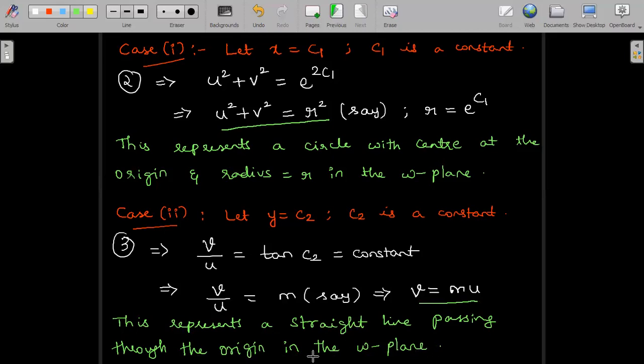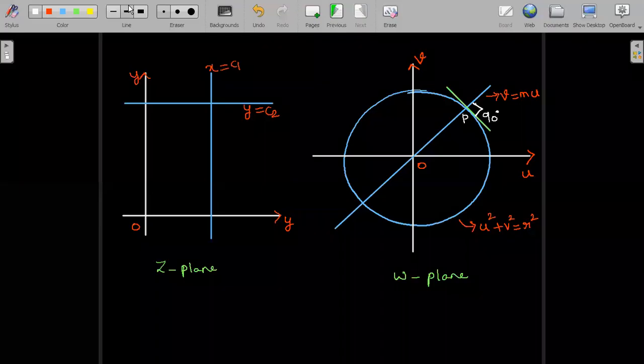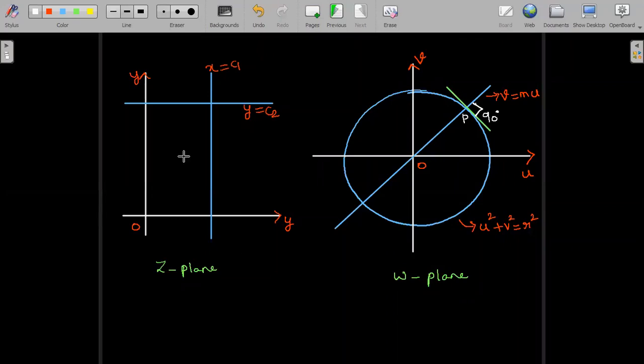So let us represent these two mappings, z plane and w plane, in the figure. So these are the z plane and w plane mapping, or the transformation for us. As discussed, x is equal to c1 is a straight line parallel to the y-axis in the z plane. This is now transformed to a circle in the w plane.